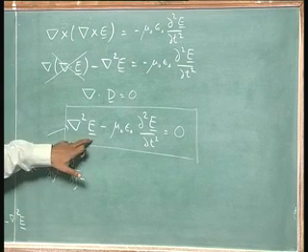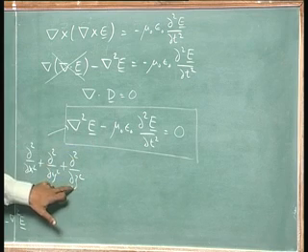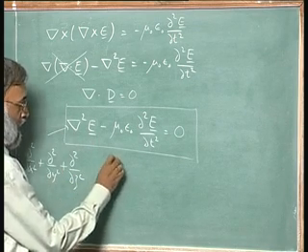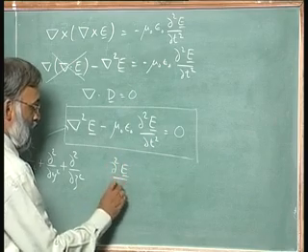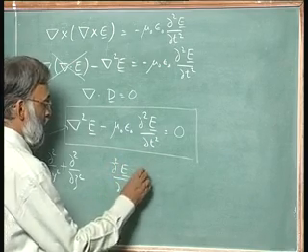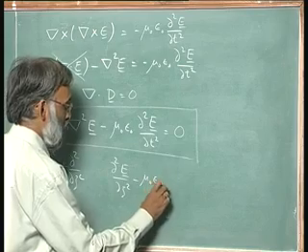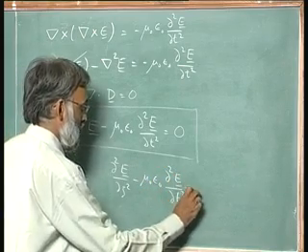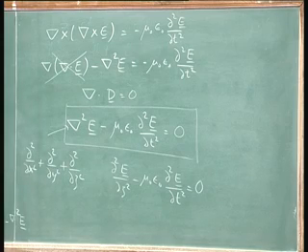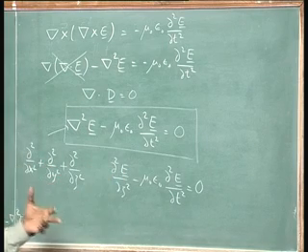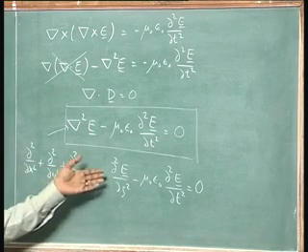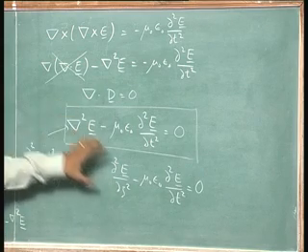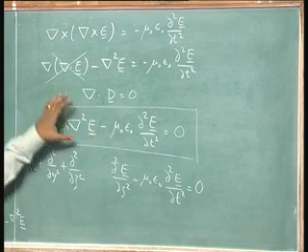But if E depended only on z, only this term matters, these two would be 0, and that would give me an equation that said del squared E del z squared minus mu naught epsilon naught del squared E del t squared is equal to 0. And if I further said E is nothing but E_x along x, this is the equation we got earlier. So, this equation now includes this equation as a simple special case.